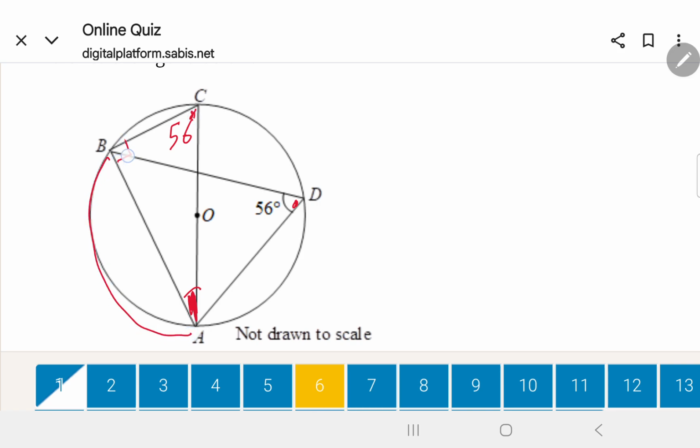And this angle here is 90 degrees because it's the angle opposite the diameter, or angle in a semicircle. Then you can easily find angle A, since the sum of angles in a triangle is 180. So A plus 90 plus 56 equals 180. Then you solve for A. You get 34. So angle A is 34.